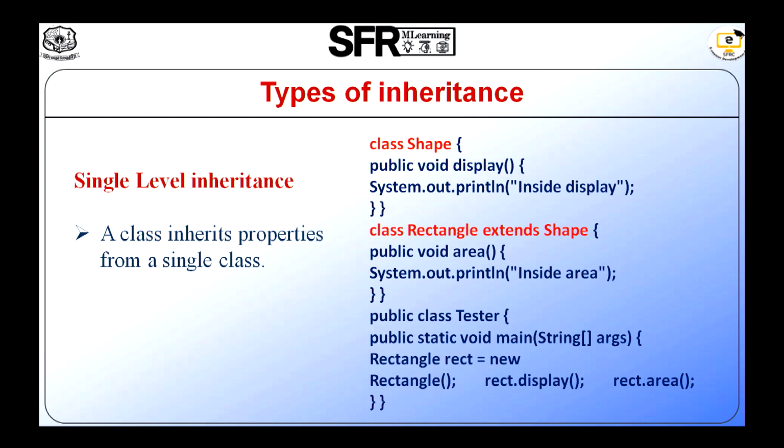Only two classes are there, and we inherit from a single class only. The methods are display in the superclass and area in the subclass. We'll create the object for the subclass Rectangle: Rectangle object name equal to new Rectangle. Using that object we'll call both the methods display and area. So this is single level inheritance.